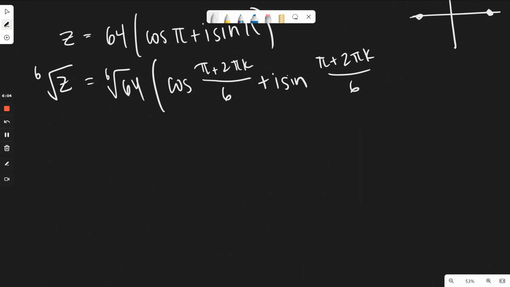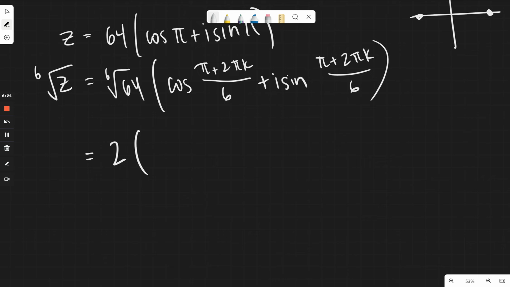Okay, so this means that our roots are going to be, well, the sixth root of 64 is going to be 2. We could use negative 2, but we'll get to that as you'll see here. And then cosine of pi plus 2 pi k over 6.